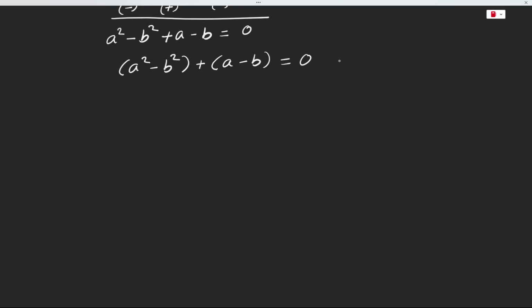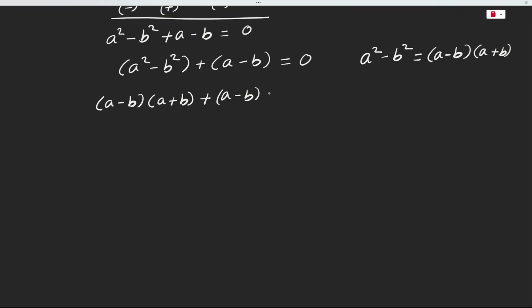Now using the algebraic identity, a square minus b square equals a minus b times a plus b. So we can write a square minus b square as a minus b times a plus b, plus a minus b equals 0. Now in these two terms, the common factor is a minus b.